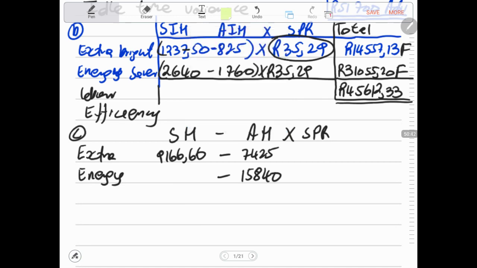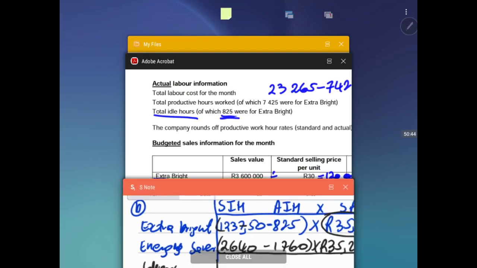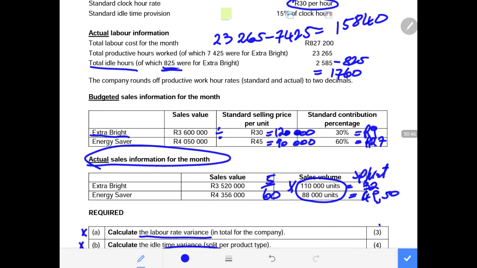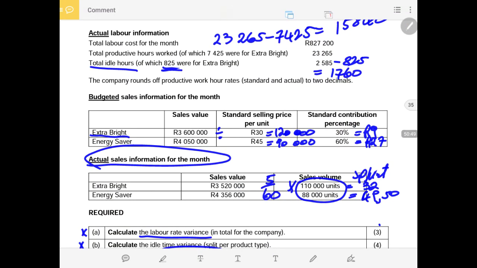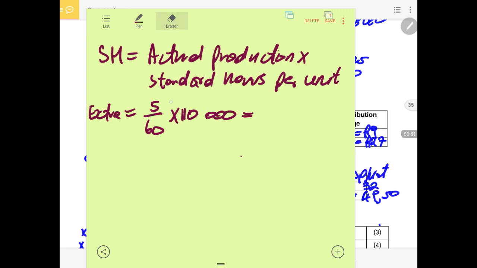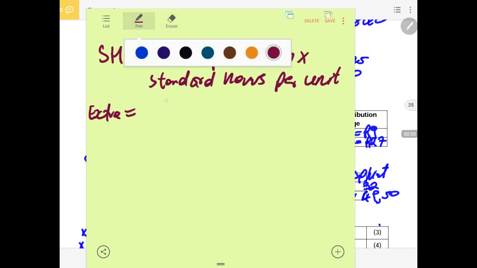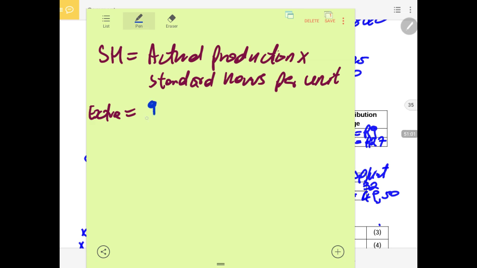Then we need the standard hours for the energy saver light bulb, which is the same thing, nothing changes. Standard hours is always actual production times the standard hours per unit. And our standard hours per unit, I think it was 9 minutes for the energy saver.